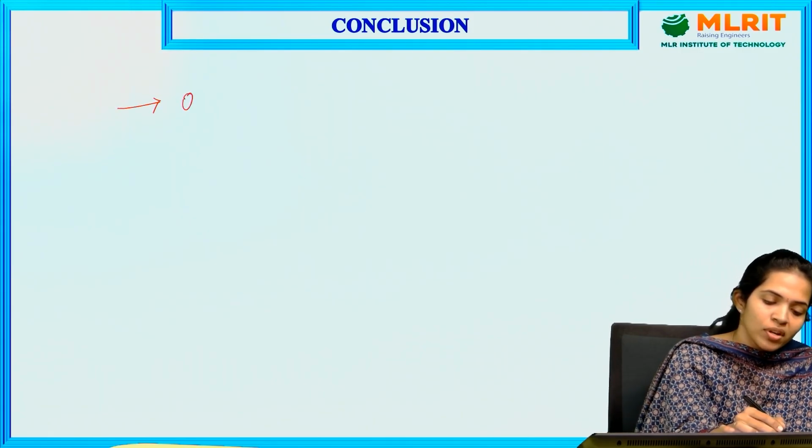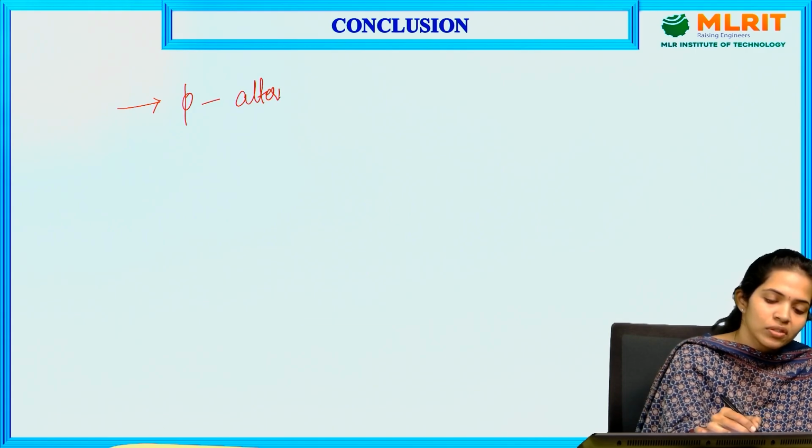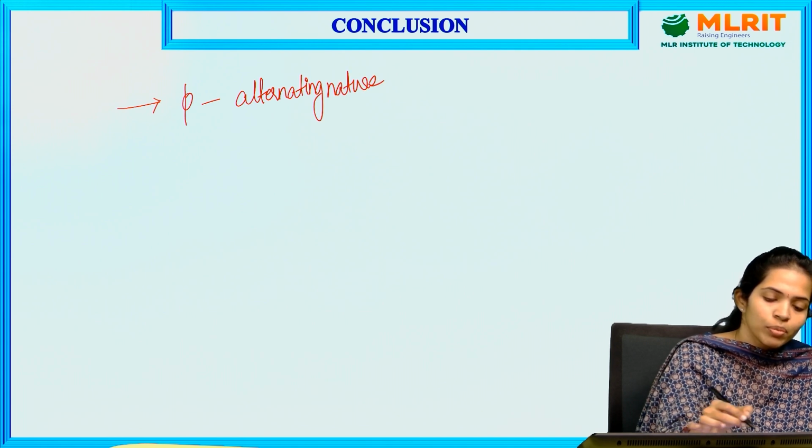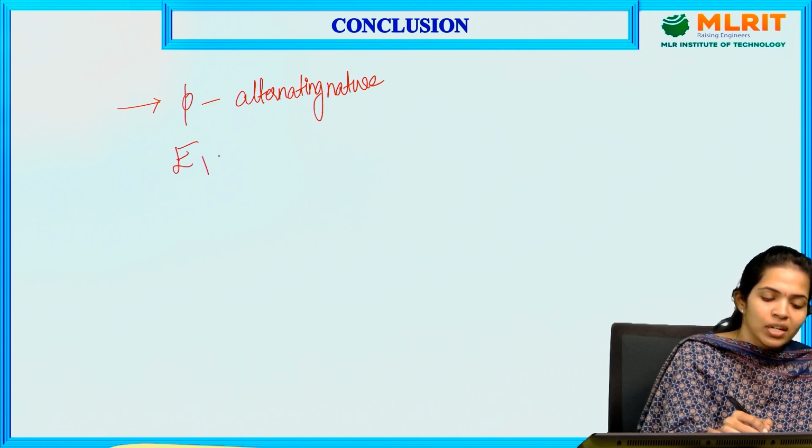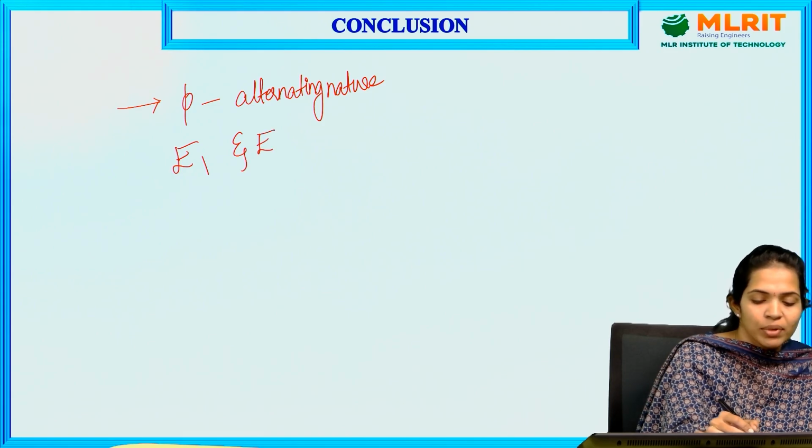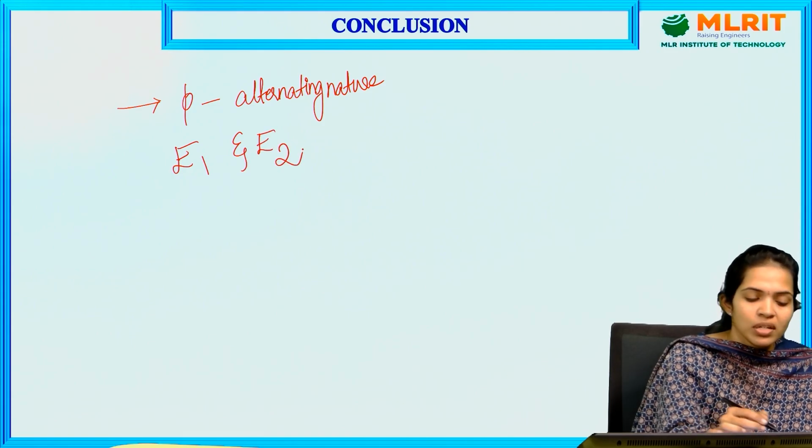While discussing the EMF equation of the transformer, we have seen that flux phi, which is alternating in nature, is responsible for the production of EMFs E1 and E2 in the primary and secondary windings of the transformer.